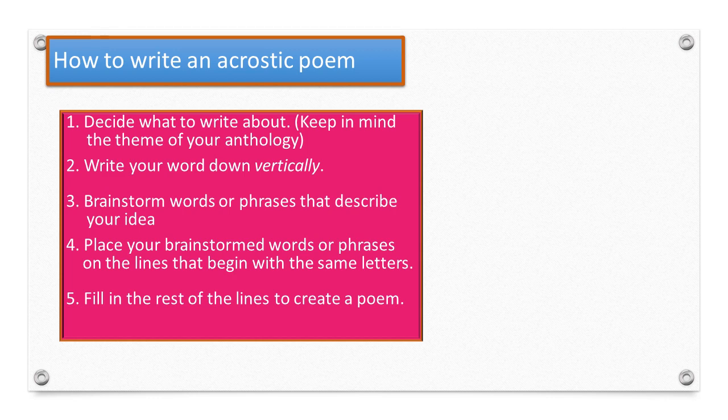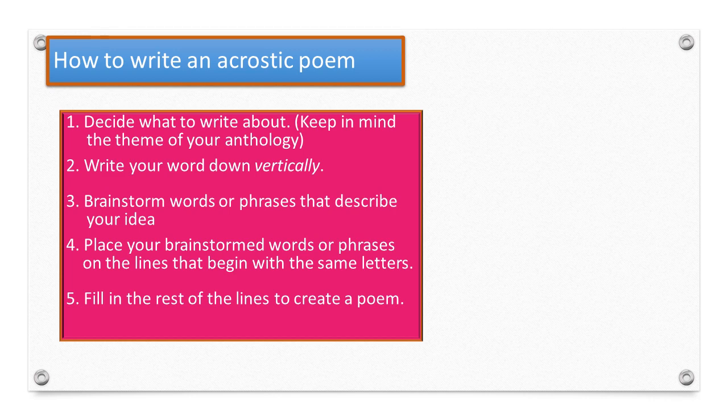So here are the steps to follow when writing an acrostic poem. You first need to decide what to write about. Keep in mind the theme of your anthology. Then you need to write your word down vertically. So if you are going to write about dolphins, you write dolphins on the left-hand side, or llama, or storm, or whatever your topic word is.